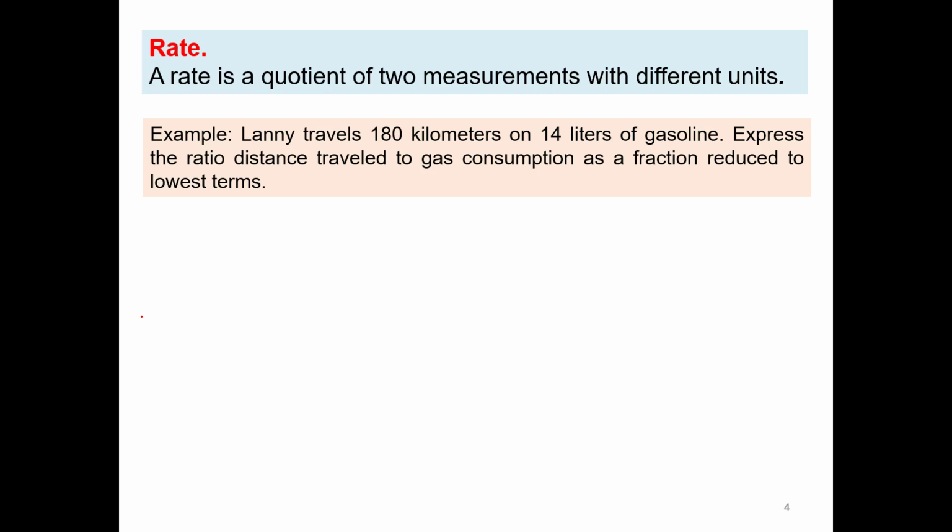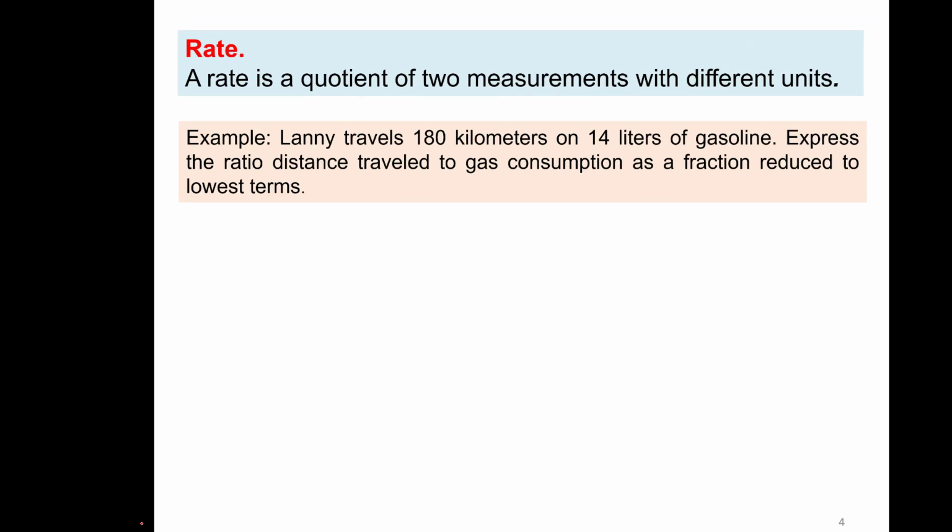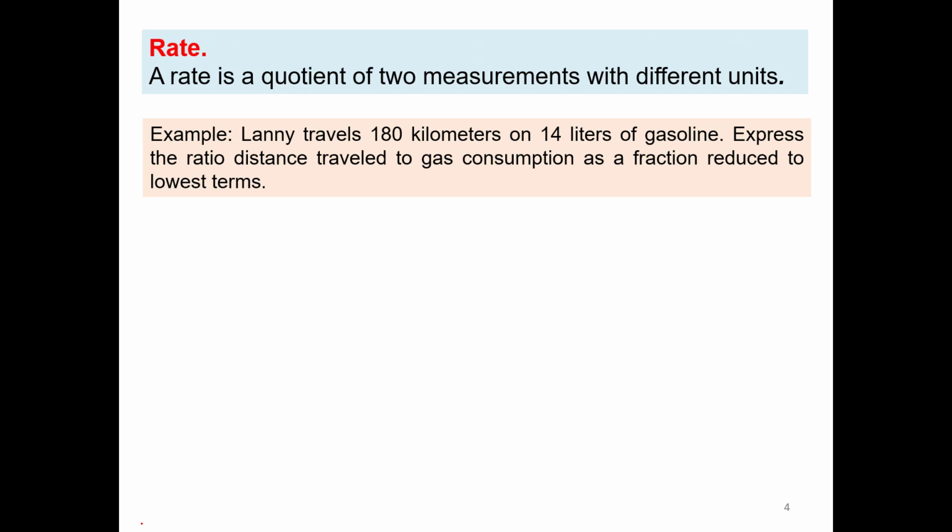One is distance, which is 180 kilometers, and the other is the amount of gas, or gasoline, which is 14 liters. Let's write this one here, as we need to. We had the distance in kilometers.